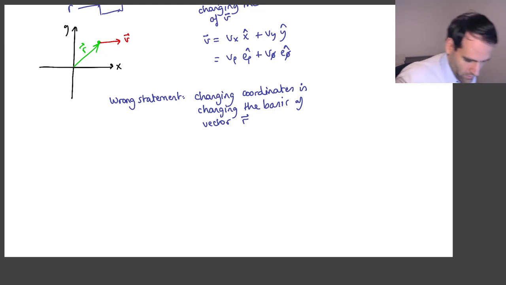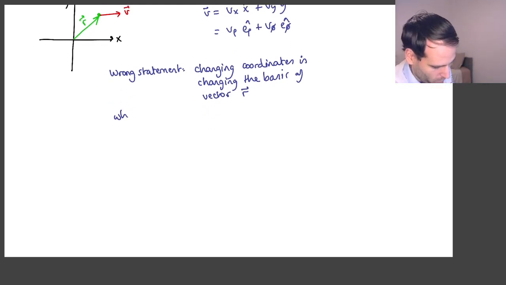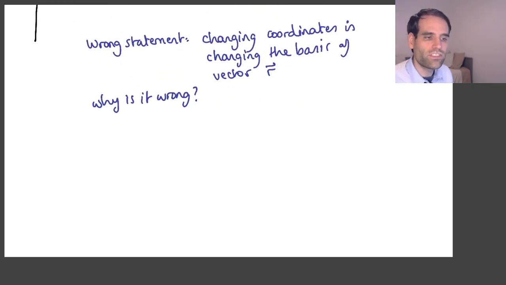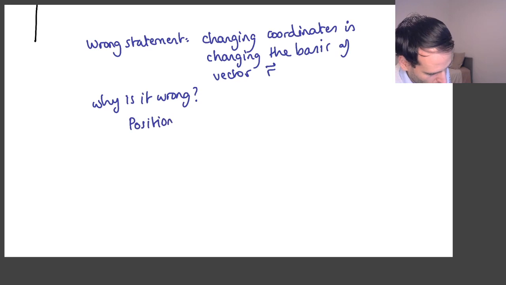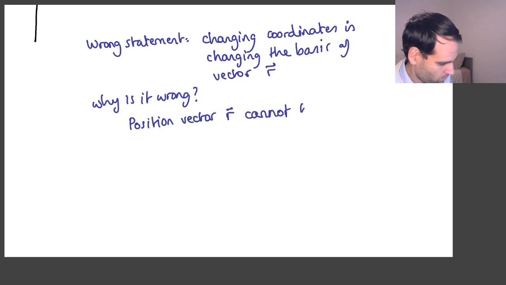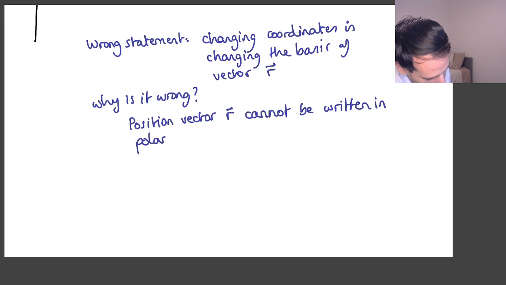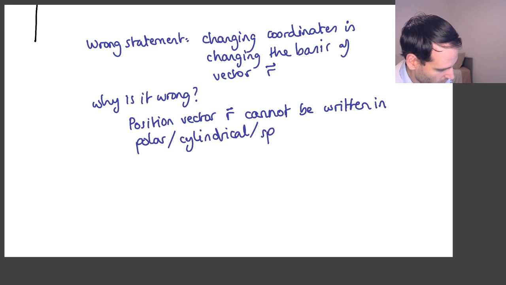Why is this wrong? Because the position vector cannot be written in polar or cylindrical or spherical basis. So let me write that clearly. Position vectors cannot be written in polar / cylindrical / spherical basis.